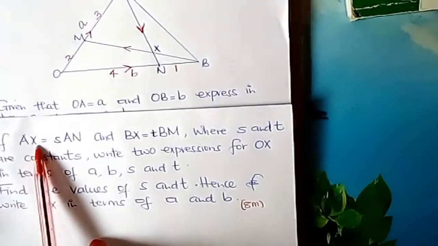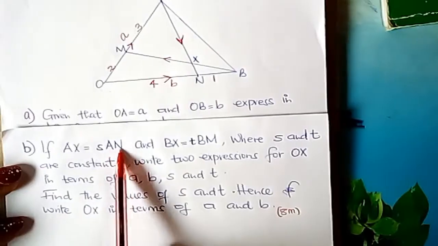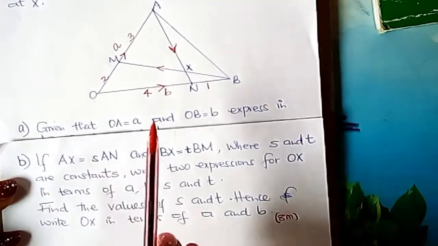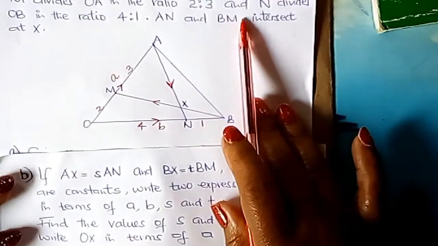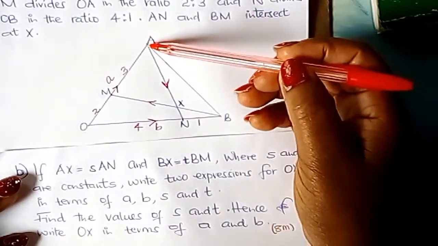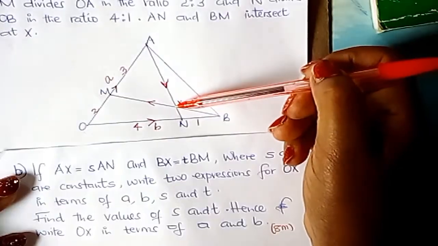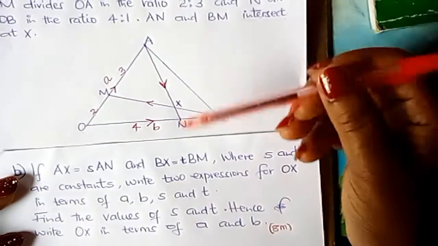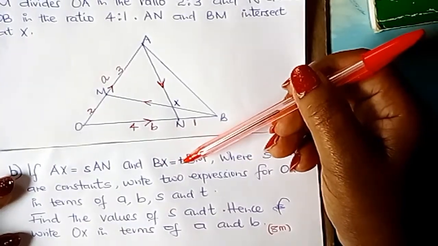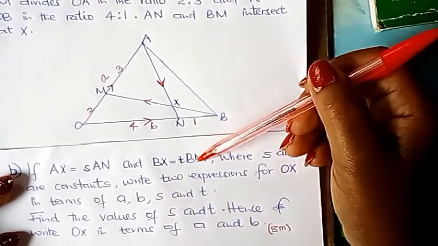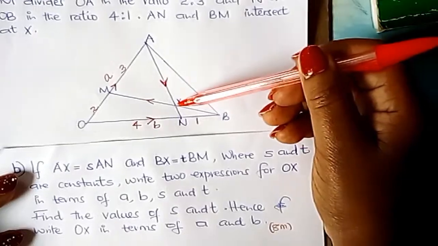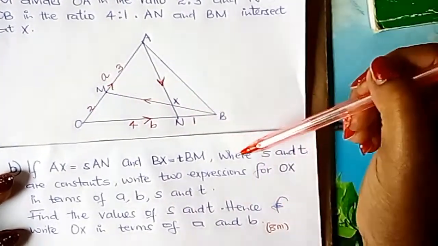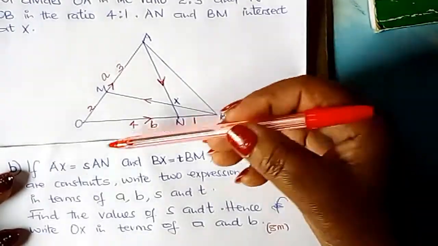You are told AX is equal to s of AN. s means that it is a fraction. AX is a fraction of AN. And if we go to our diagram here, we can see that for sure AX is a fraction of AN. And then you are told BX is equal to t of BM. It is also a fraction of BM, where s and t are constants.